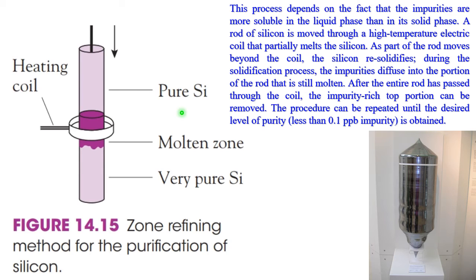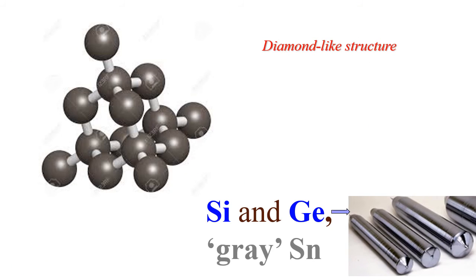The procedure can be repeated until the desired level of purity is obtained, and this is just a view of a crystal of silicon after purification. Silicon and germanium have the same structure as diamond.